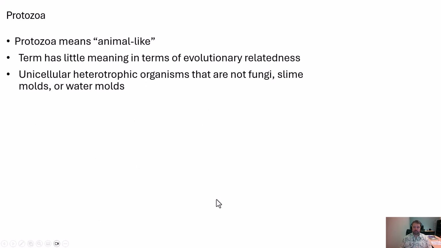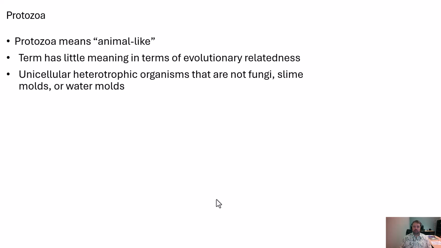So when protozoans were first described, they were described with the term protozoa, which means animal-like, even though we now know that there's lots of protozoans that are plant-like and can do photosynthesis, and there are some that are fungi-like, even though they might not have chitin and some other components of fungi, but they act similar to fungi.